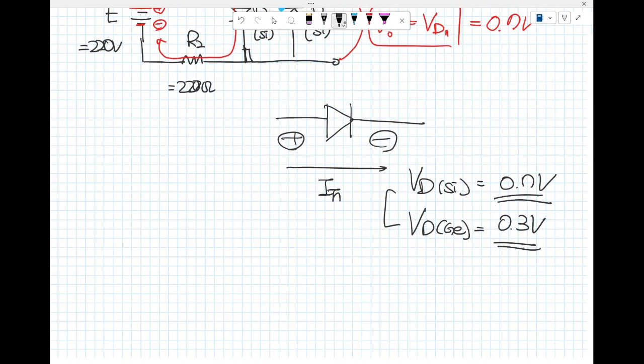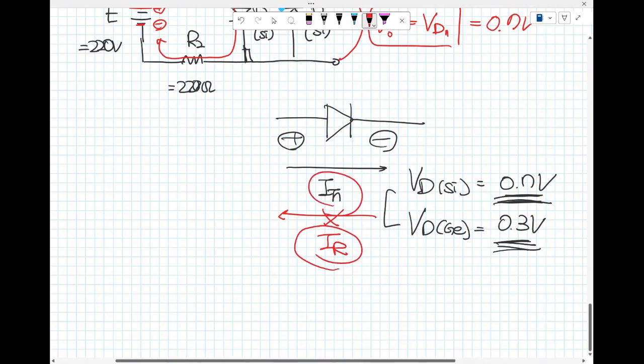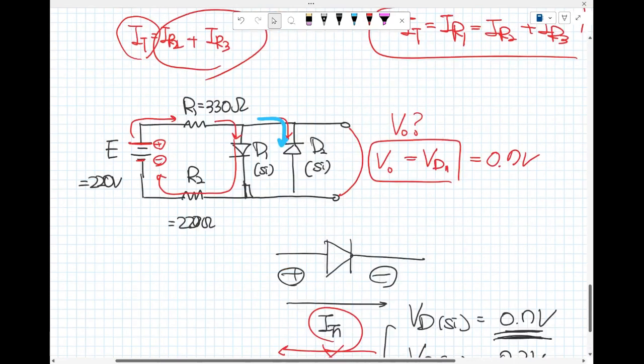So 0.7 and 0.3 volt is like the voltage at which current goes through. In the diode PN junction, forward is current through, that was 0.7 or 0.3, depending on the material. However, reverse, no. So go back to the circuit here.